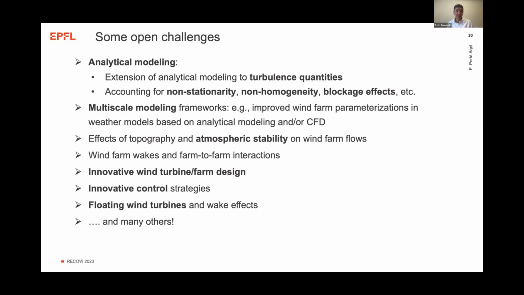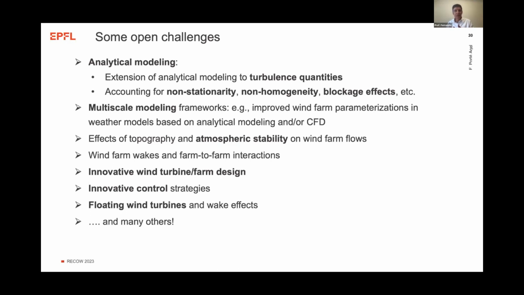Also, innovative turbine designs. We always use the same design, and I think there is a lot of room.